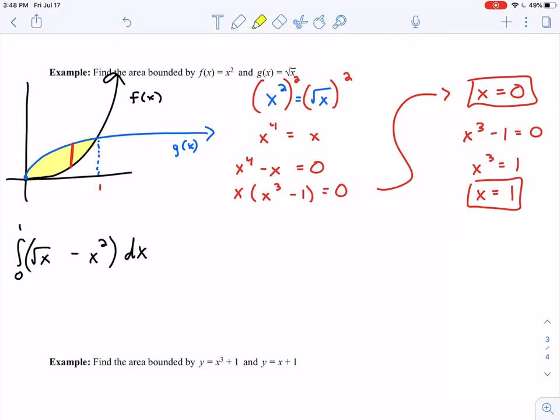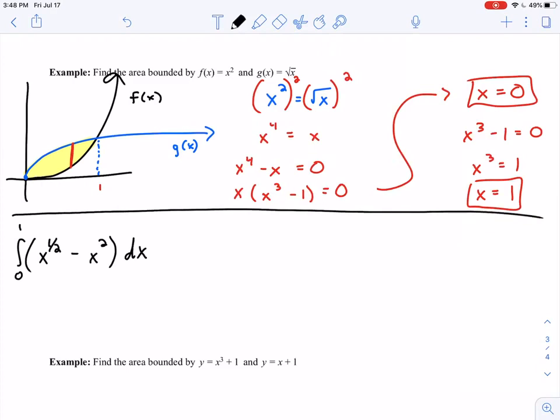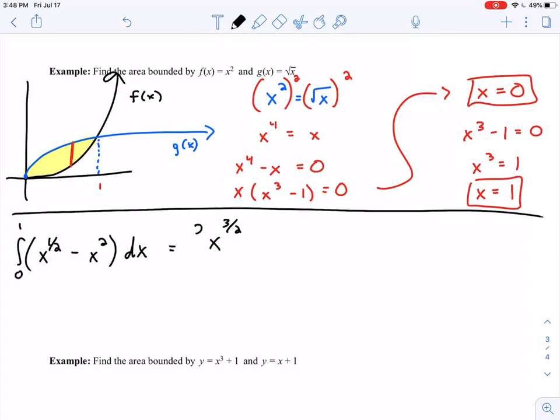And I know I'm going to want to integrate square root of x, so I'm just going to take a second and say, let's write that as x to the 1/2 right away. So let's see, I want to find my antiderivative first. That would be x to the 3/2 power multiplied by the reciprocal, which would give me 2/3.